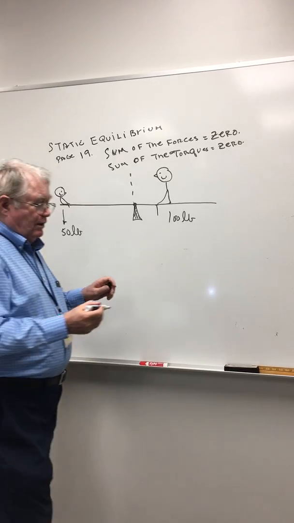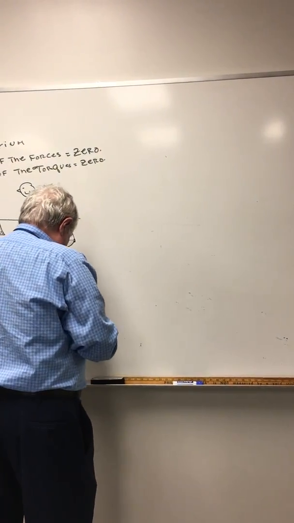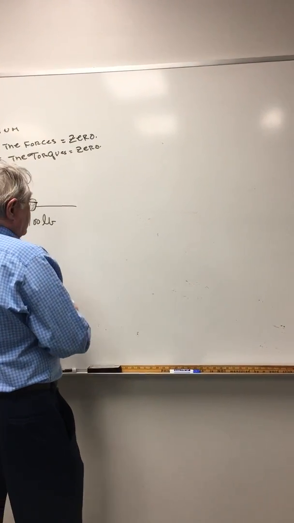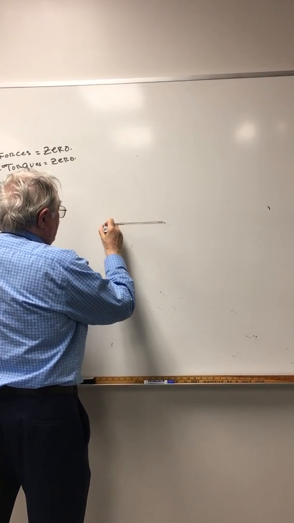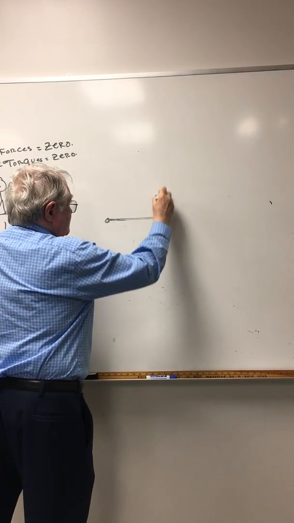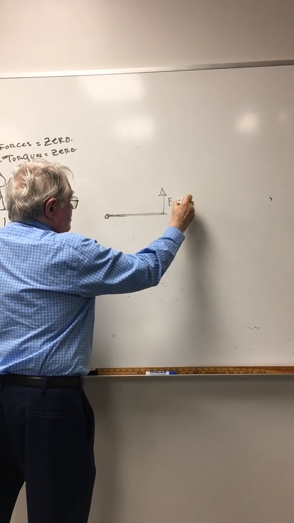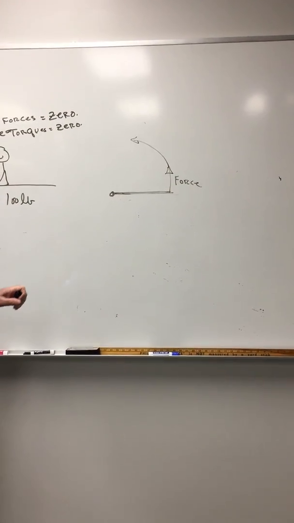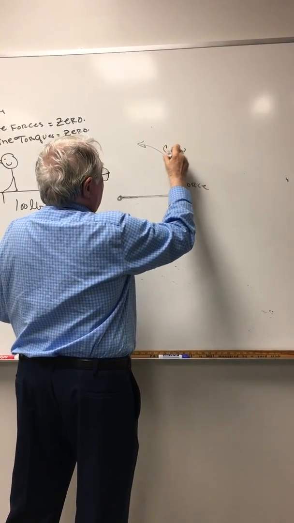Now, what do you mean by a torque? Well, what you have here is a door. There's the hinge point of the door, and here's a force going that way. That force is going to cause a rotation of this door in that direction, and that direction would be counterclockwise, CCW.